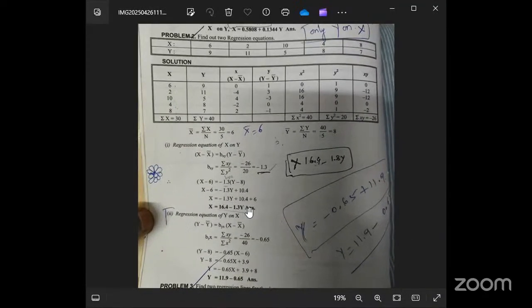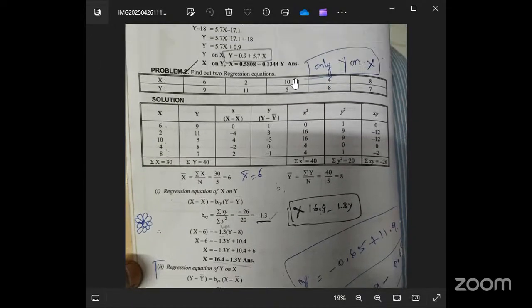We need to find two regression equations, that is, x on y and y on x. This is the problem shared with you.